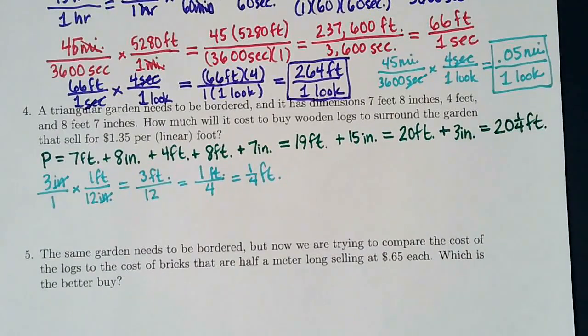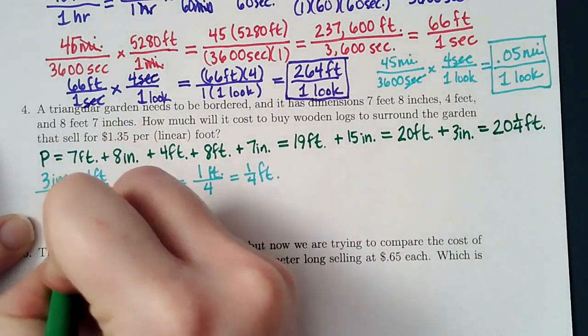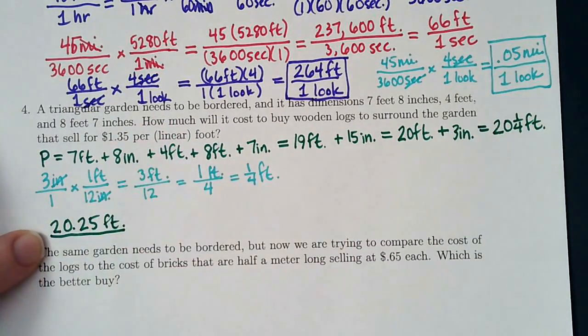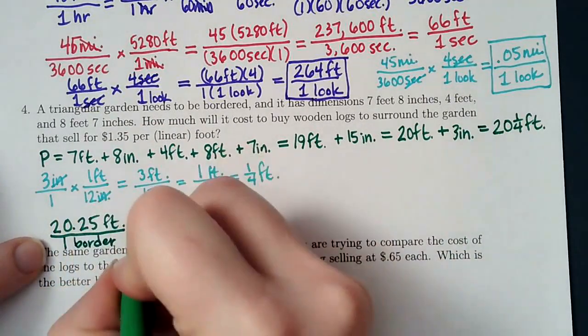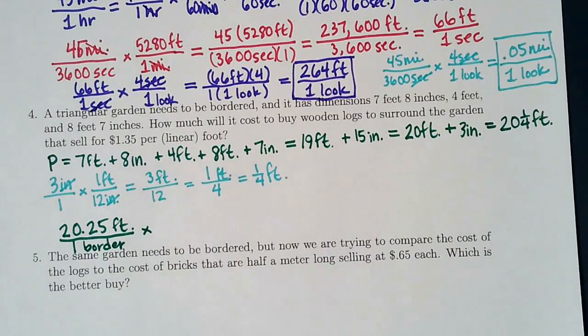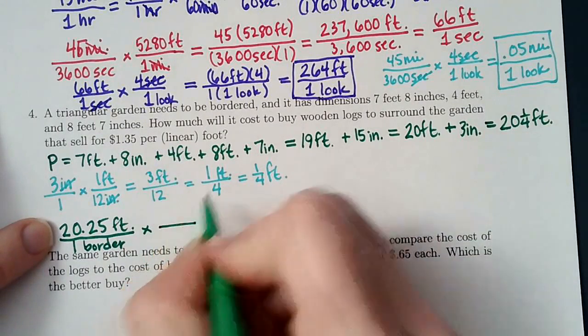And then we need to figure out how much it costs. Okay, so now I'm actually going to write that as 20.25. 20.25 feet for 1 whole, I could even write it, border or log. And it is $1.35 per linear foot. All right. So it says per 1 foot.